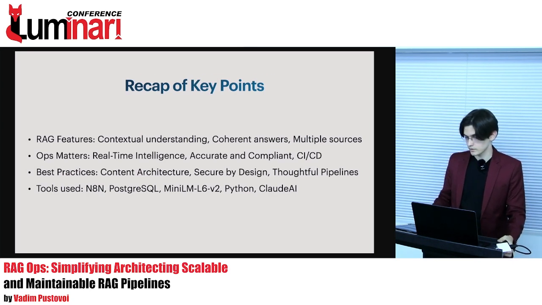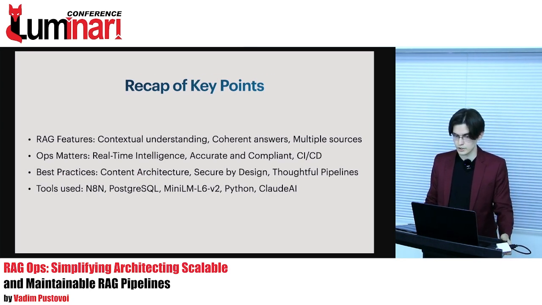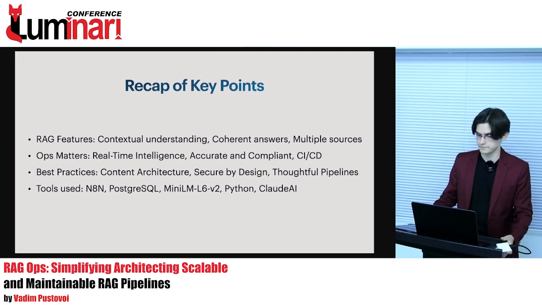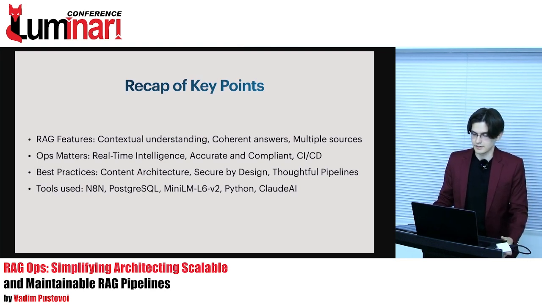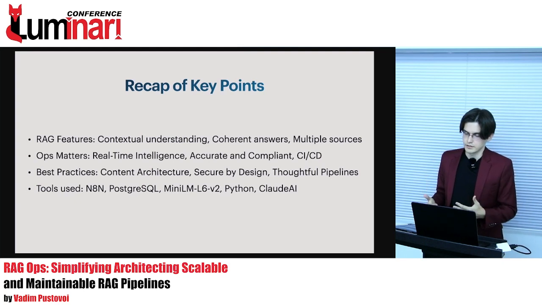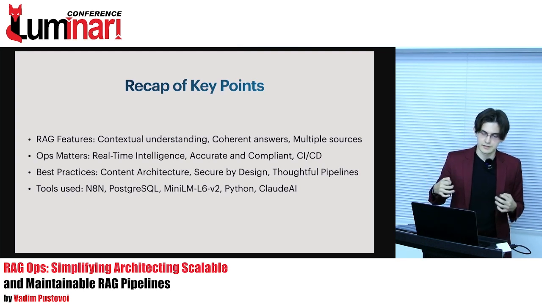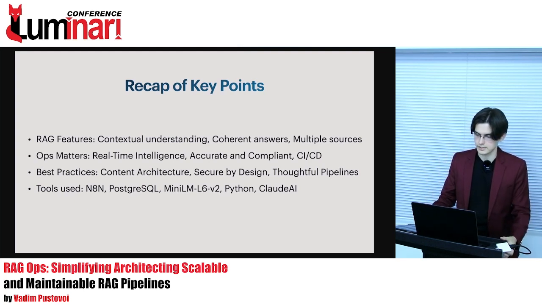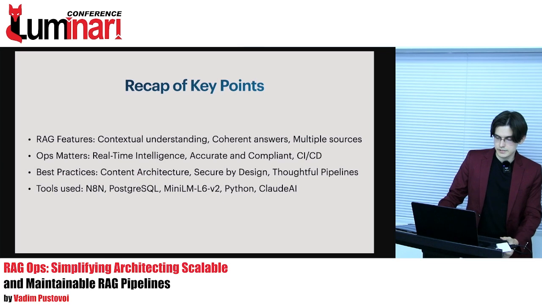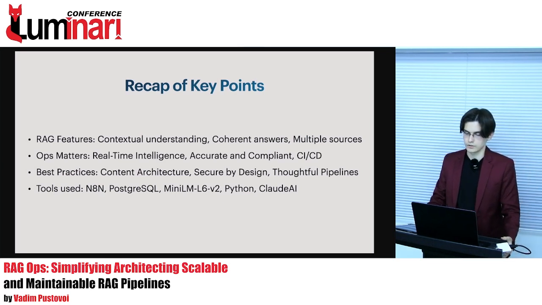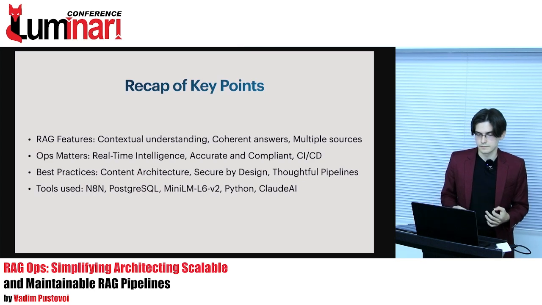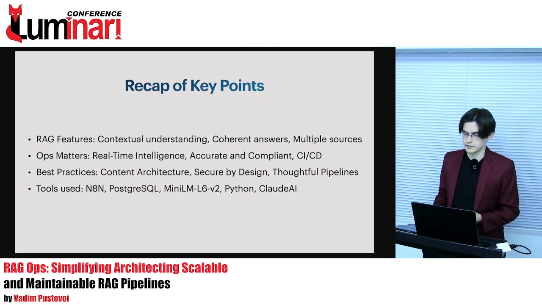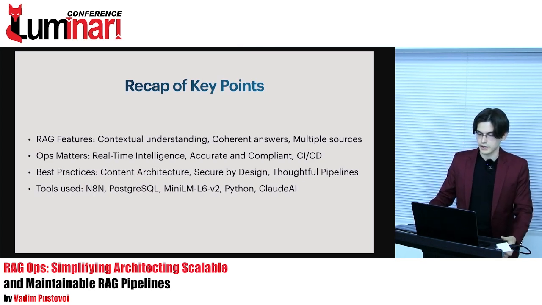A fast recap of key points. The main feature of RAG is contextual understanding. You can add your specific context and get coherent answers from multiple sources. Ops matters: operations for RAG to be updated in real time and always deliver actual information.